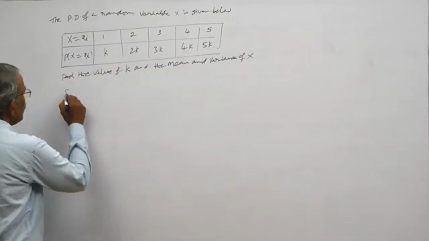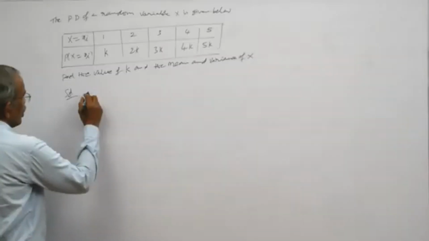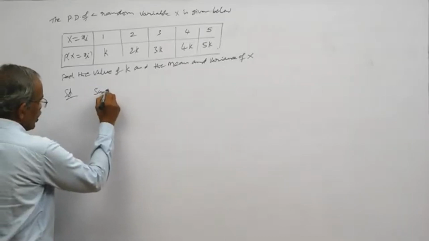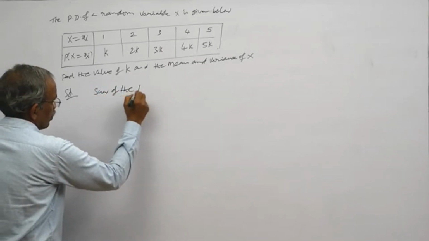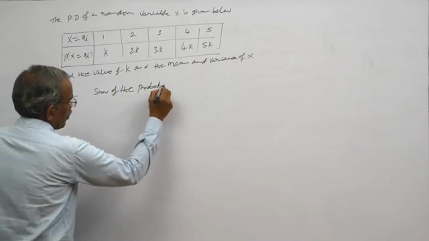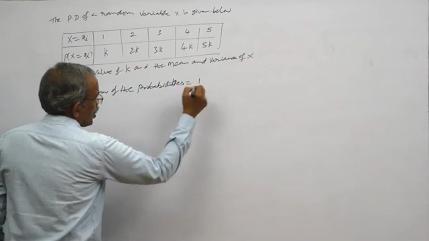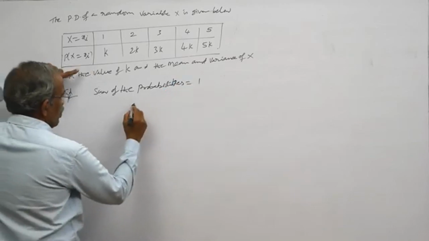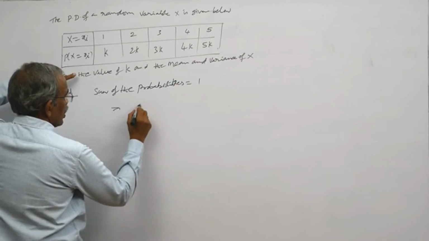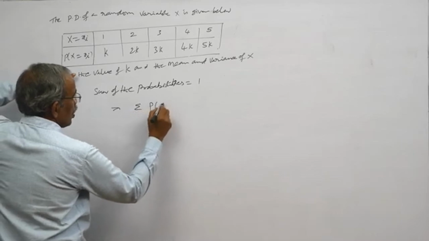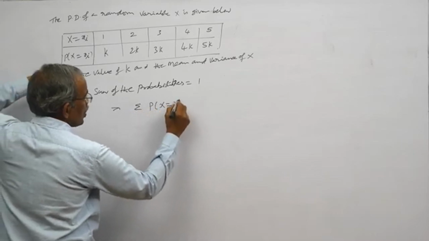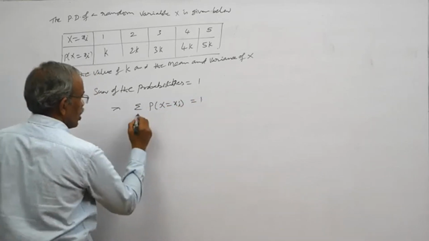We know that the sum of the probabilities is equal to 1. Sum of the probabilities means sigma probability of x is equal to xi is equal to 1.